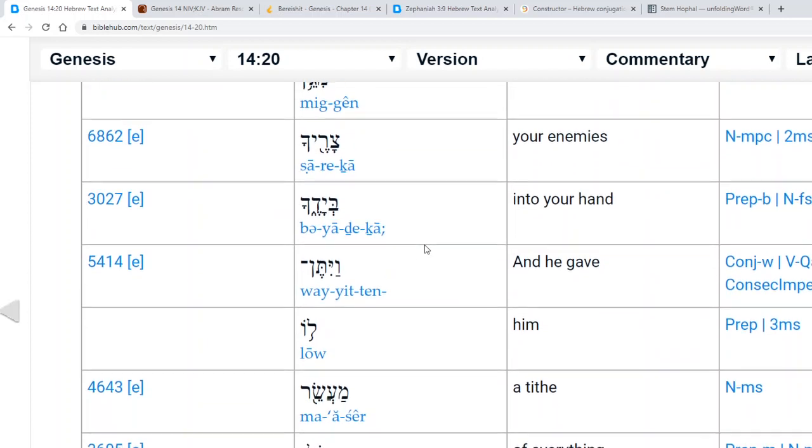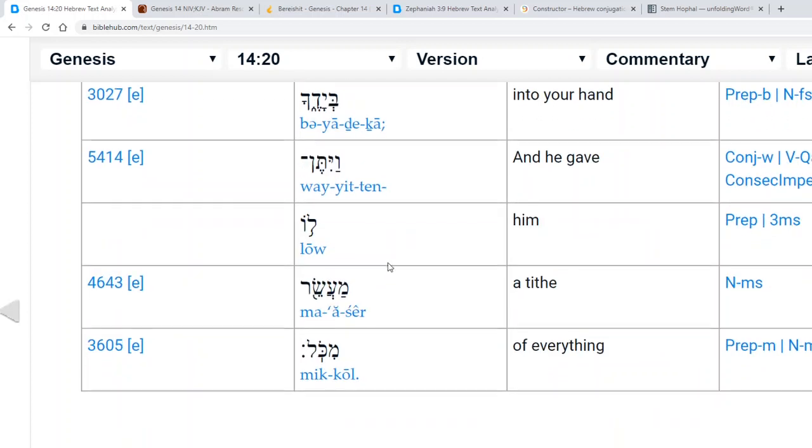Into your hand. Vayiten. So conjunctive verb. The yud puts it in imperfect. This is the root latet, to give, right? Which is used a lot of times to give, or to set, or to put. We discussed it before.